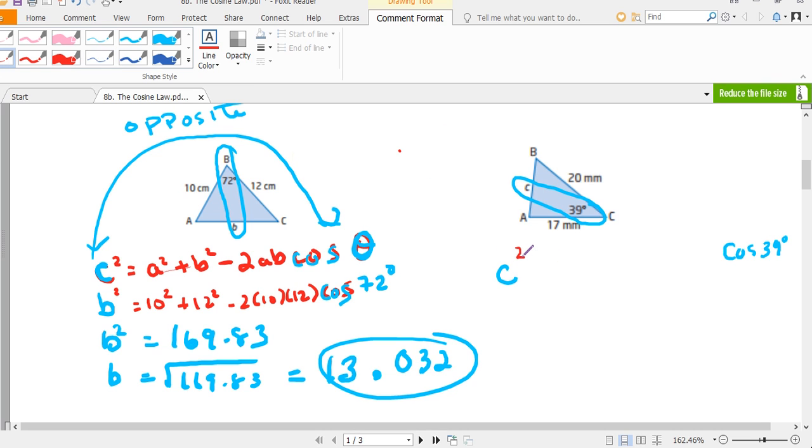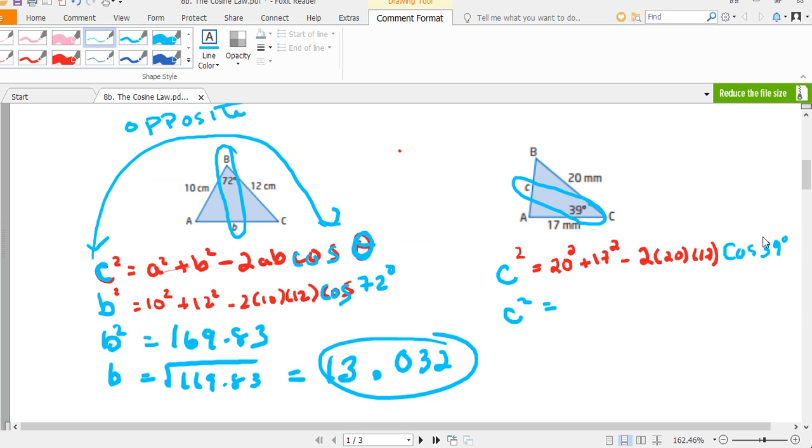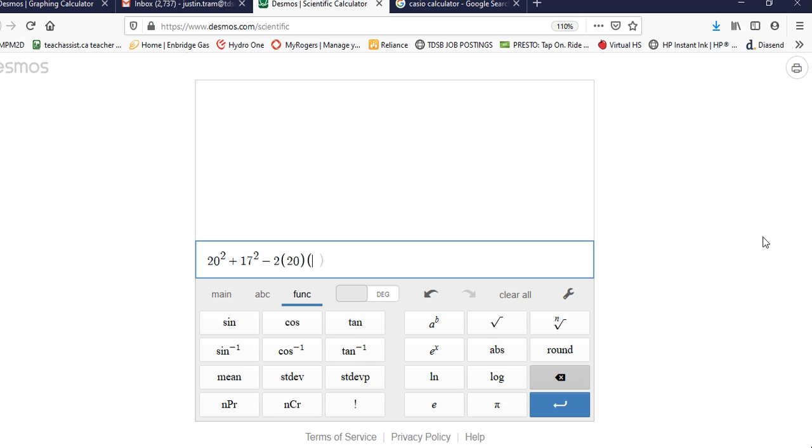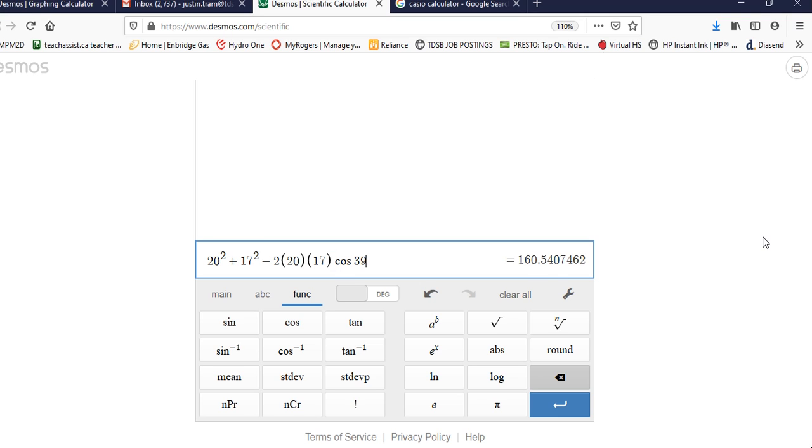Okay. And so let's copy down the rest. C squared equals the other two sides, 20 and 17. I don't care which one's first. It doesn't matter. 20 squared plus 17 squared minus 2 times 20 times 17 times cos of 39. Okay? So then C squared is equal to, type all that in, 20 squared plus 17 squared minus 2 times 20 times 17 cos of 39.